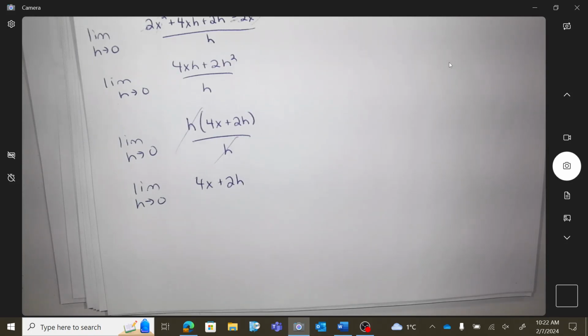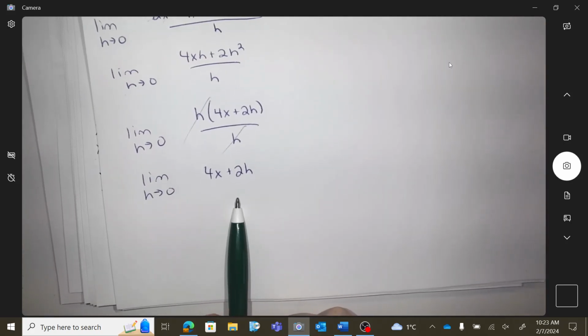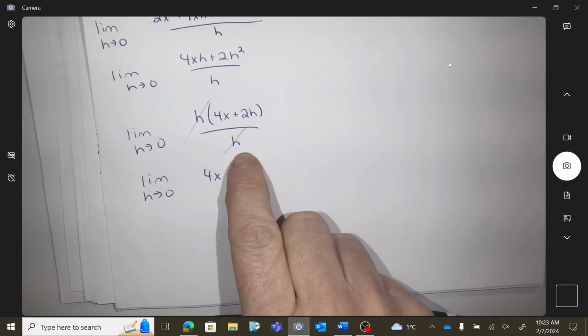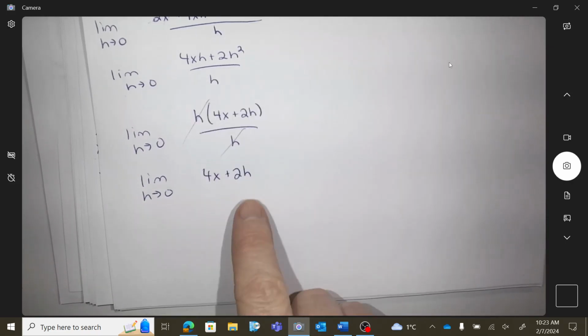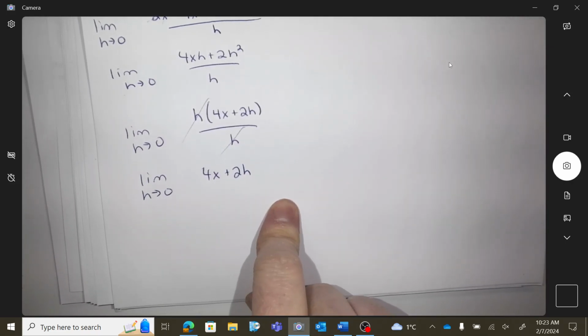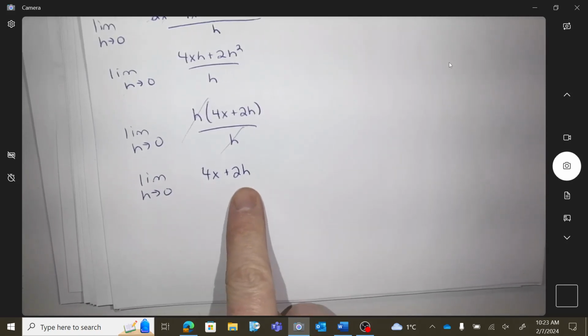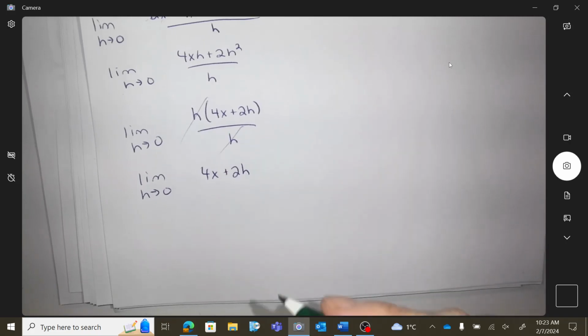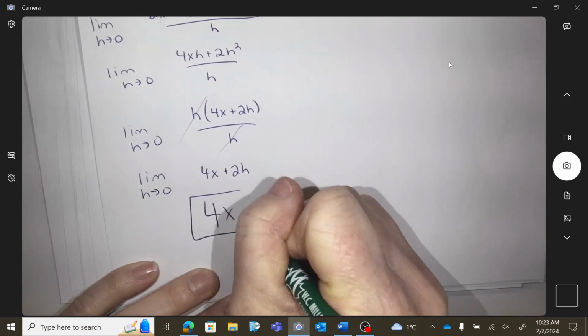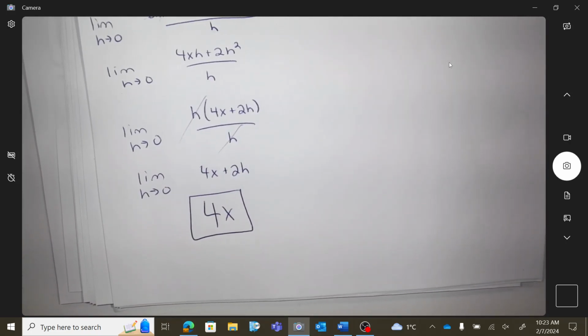And now you're ready to apply the limit. I can plug 0 in now, right? I couldn't up here because I had to divide by 0, but now I don't have that problem. So what happens to this if I plug in a 0 for h? I get 4x. So that's the equation for the slope.